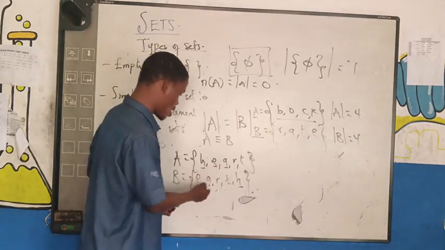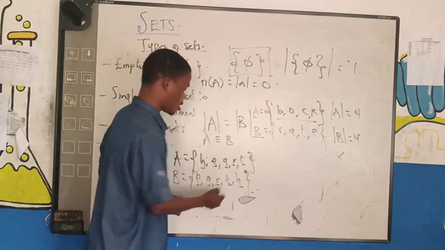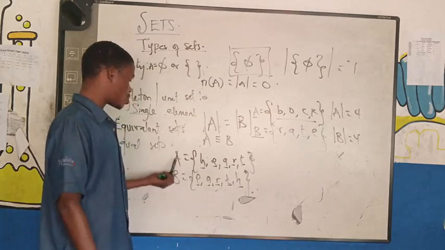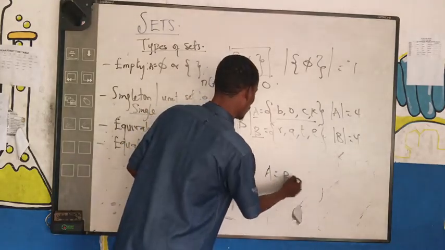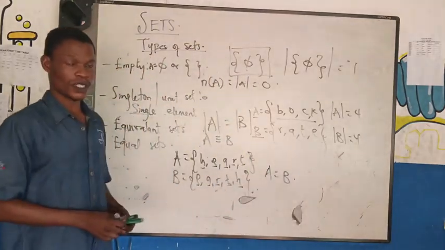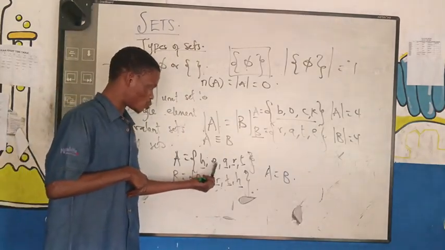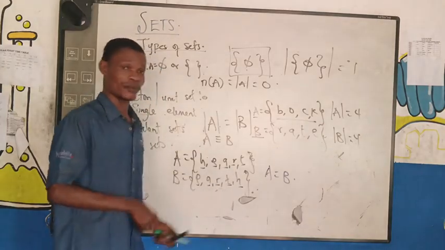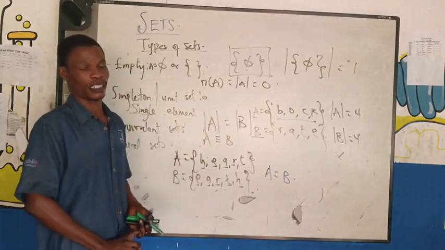A here, good. R here, good, and T here. Is there anything in A that is not in B? No. Is there anything in B that is not in A? No. So what do we say? A is equal to B. Funny enough, the cardinality of A is 5 elements, and the cardinality of B is 5 elements. It turns out that A and B are both equal and equivalent sets.